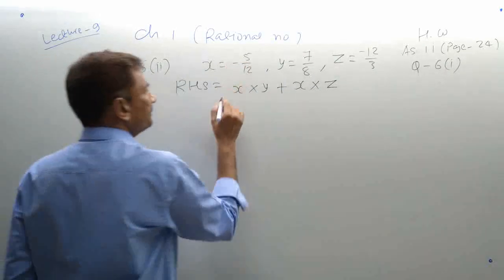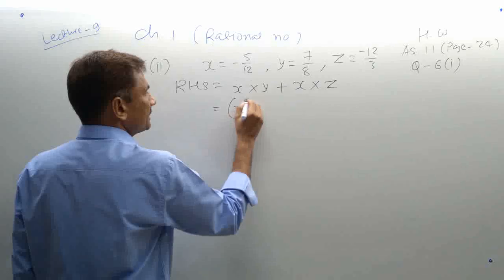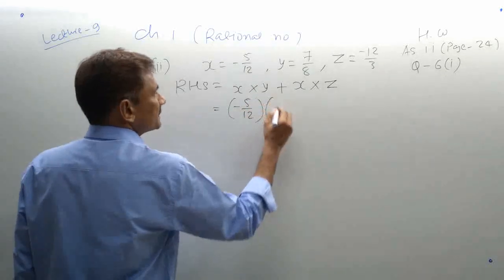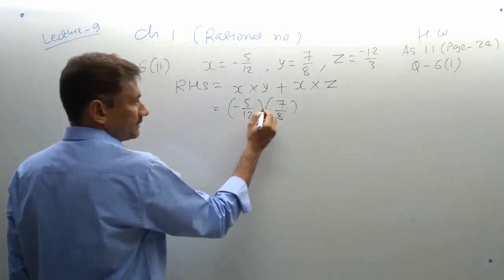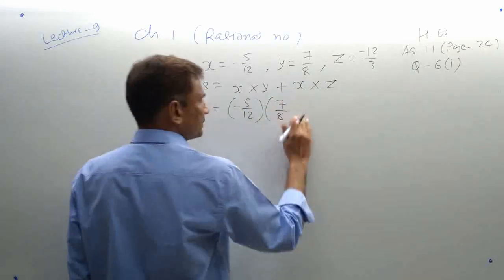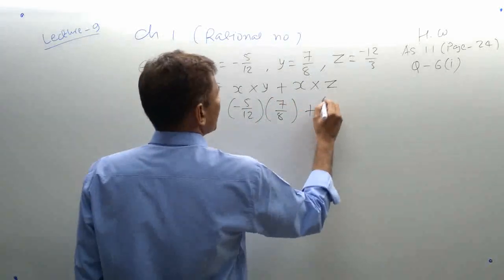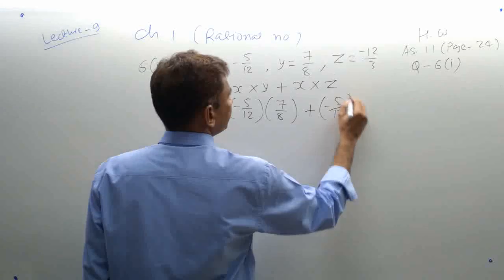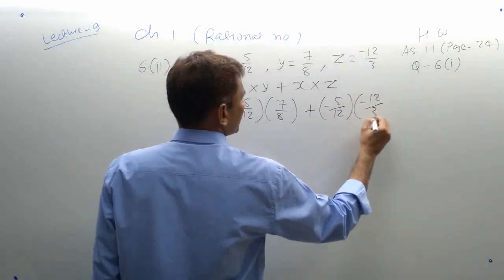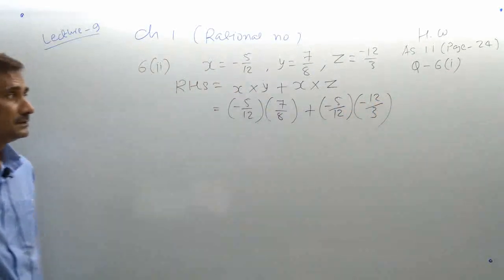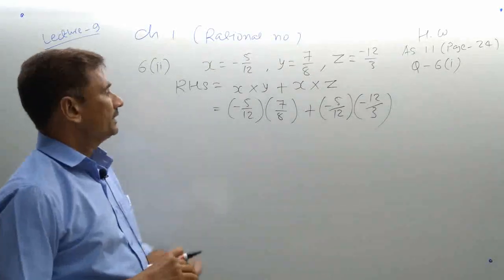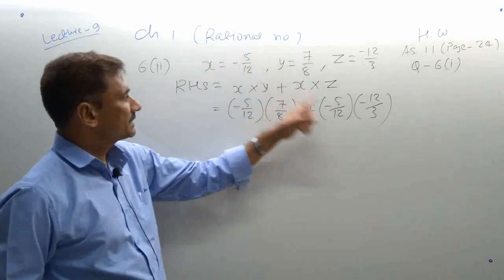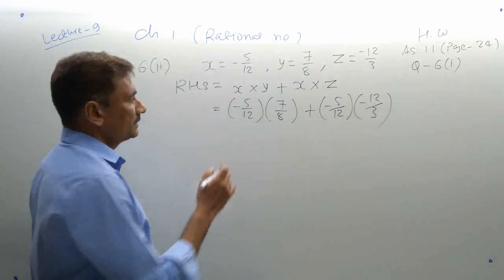Again, minus 5 by 12 into 7 by 8. If nothing is there, multiplication is there, so you can understand it. Minus 5 by 12 into minus 12 by 3. x is there, y is there, now x again and z is there.